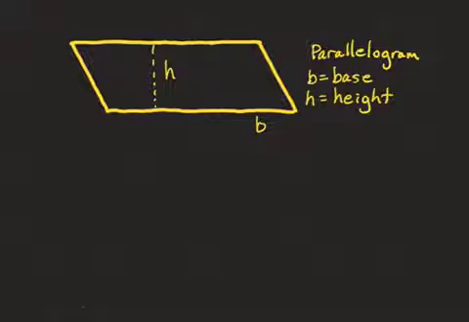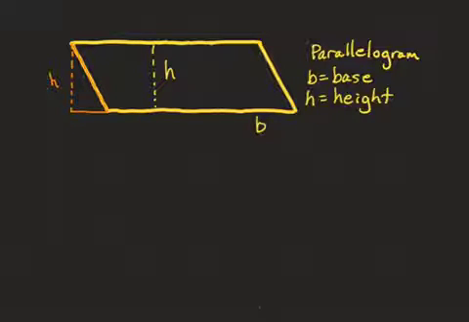Why does this work? Well, let's think about this height, which is the same for a parallelogram. And that kind of marks off a triangle here at the end of the parallelogram. Well, if we move that triangle to the other side, remember we called this the height.